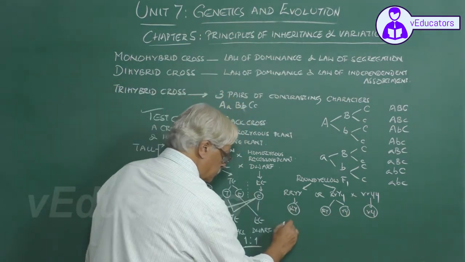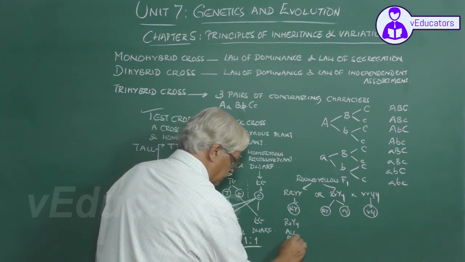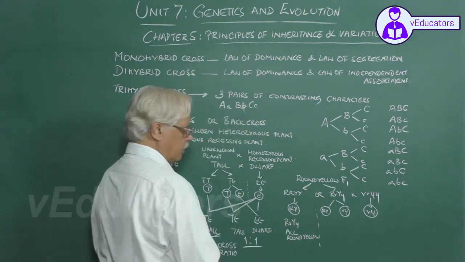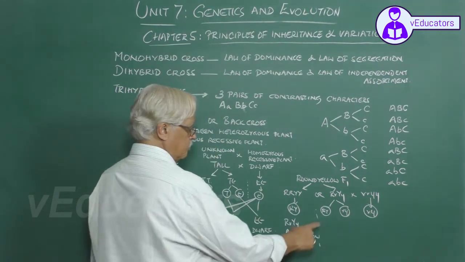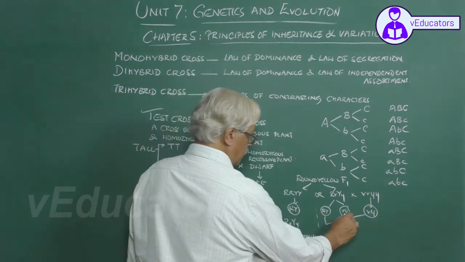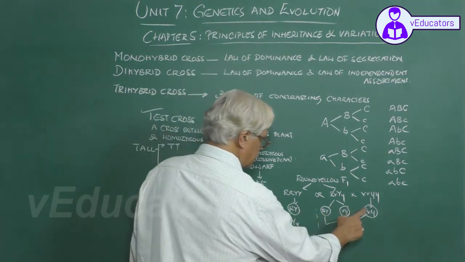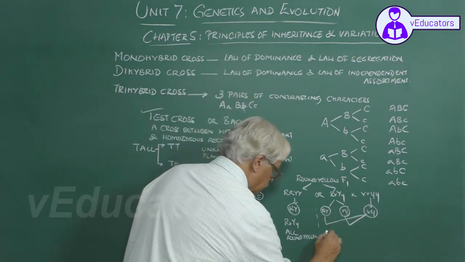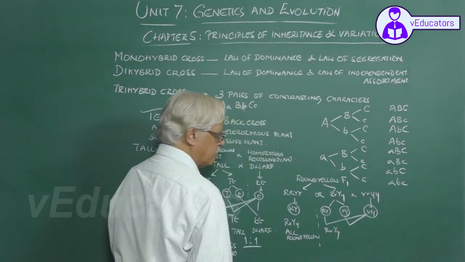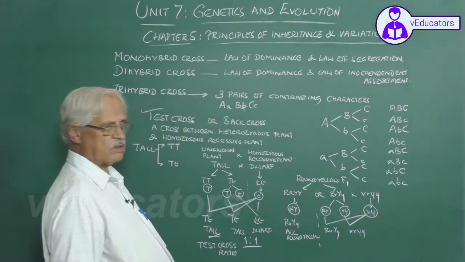This and this should give you all round yellow plants. But if it is heterozygous, this and this, this and this, so you will get capital R, small r, capital Y, small y, small r, capital Y, small y.